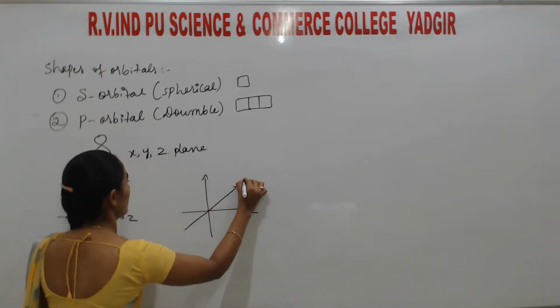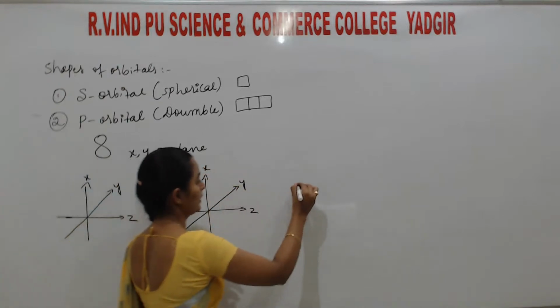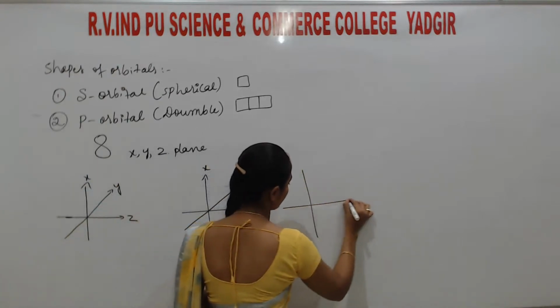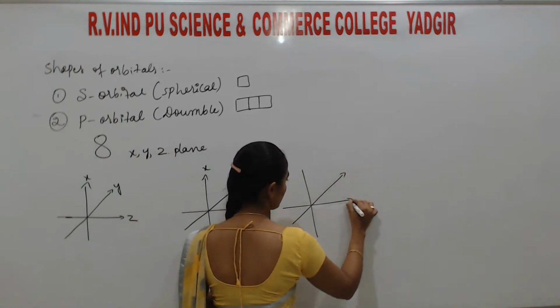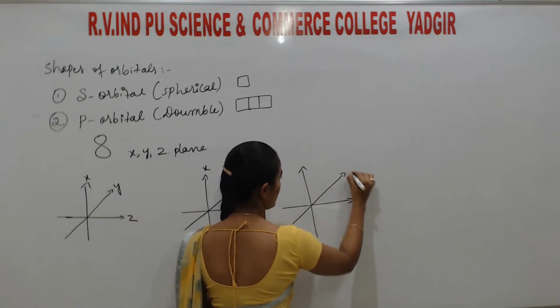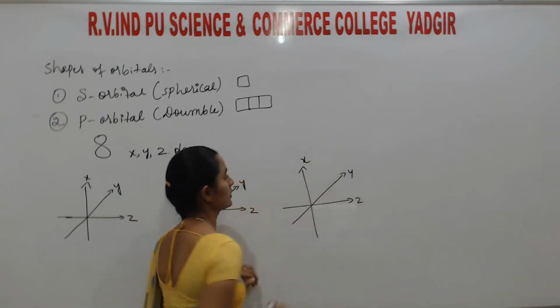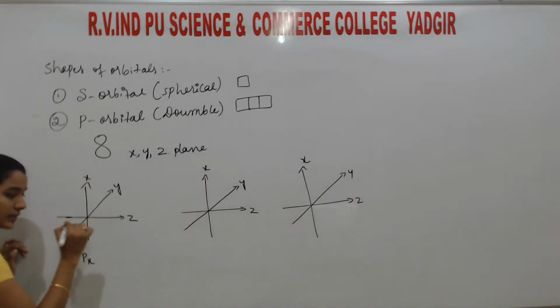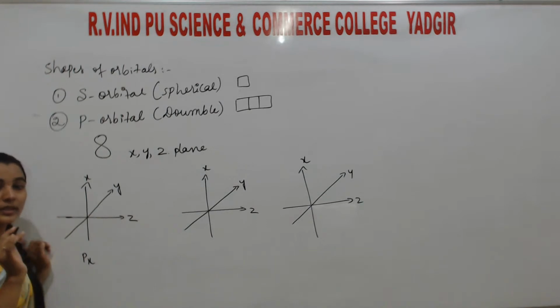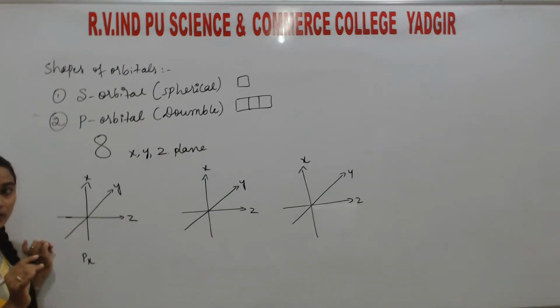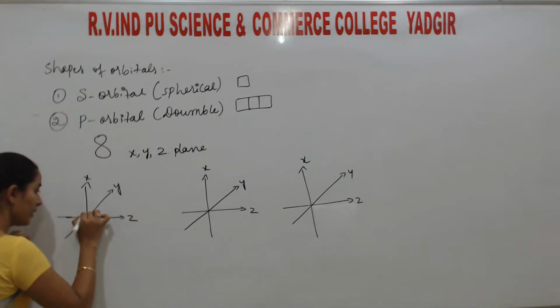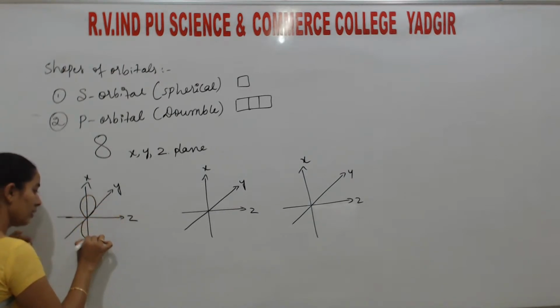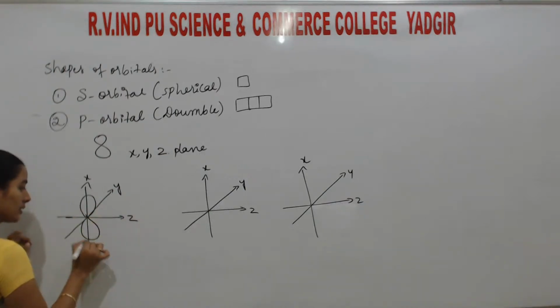Z, Y, X. So initially I take Px, meaning the P orbital is present in which plane? The X plane. So this is the X plane where the P orbital is present.